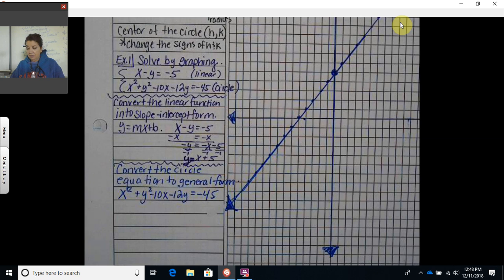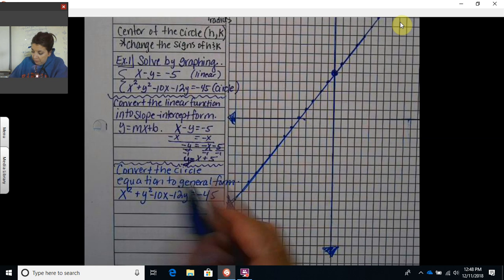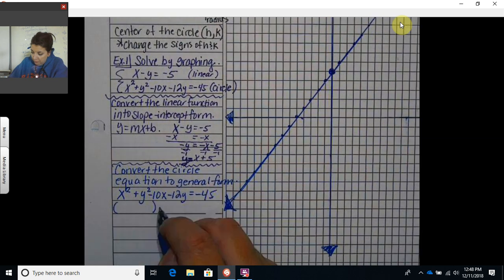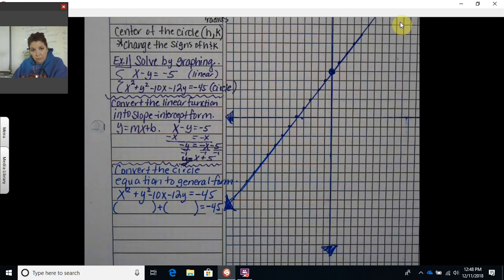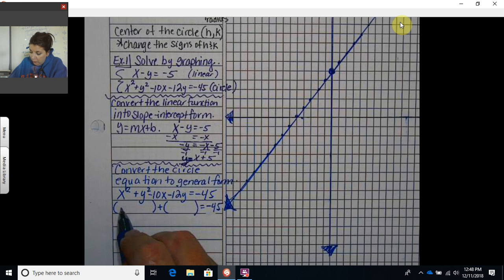So what we're going to do, I'm going to make 2 sets of parentheses with a plus in between them, equals whatever that constant is. I'm going to group my x's in the first set of parentheses in standard form, so I have x squared minus 10x, and I'm going to leave myself a little space because I'm going to make this a perfect square trinomial.